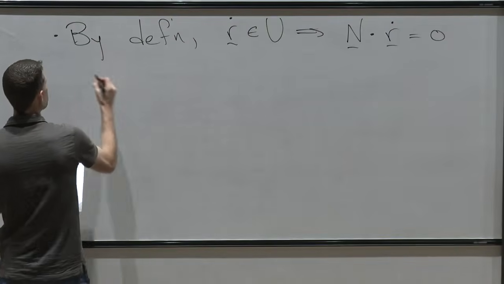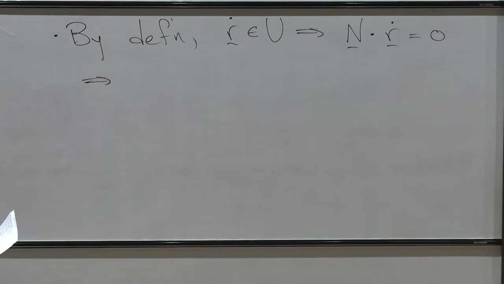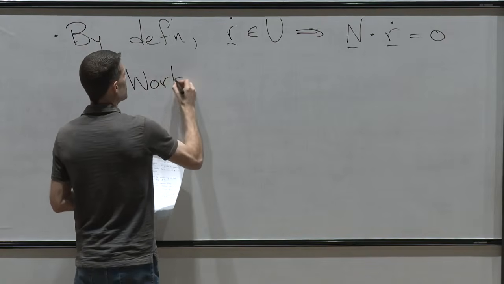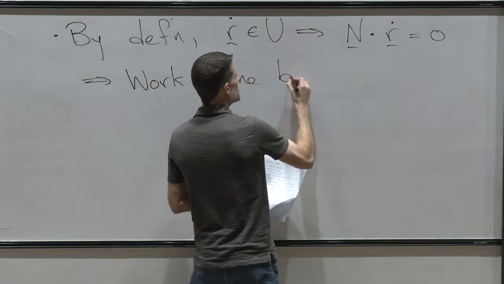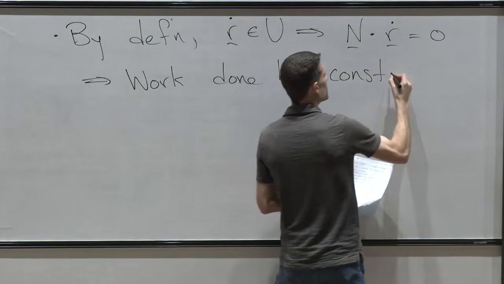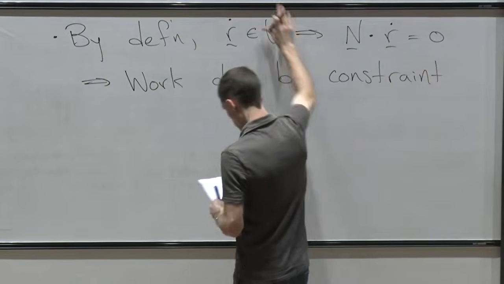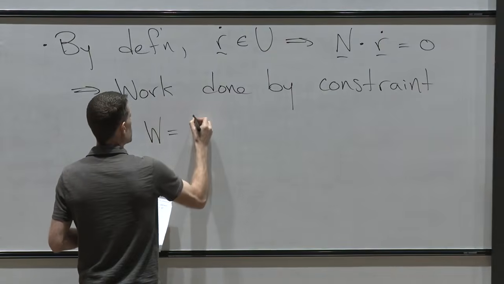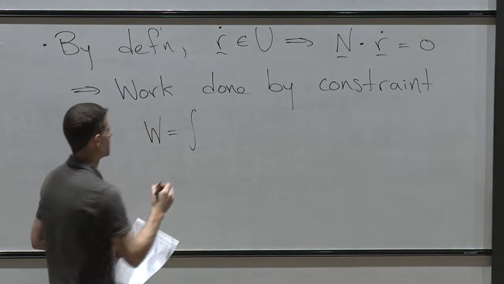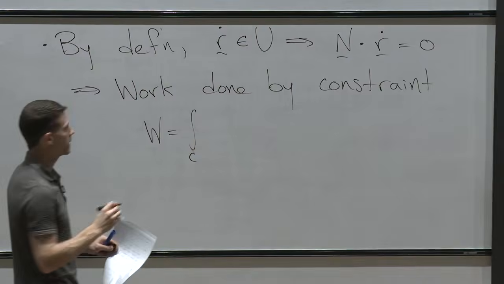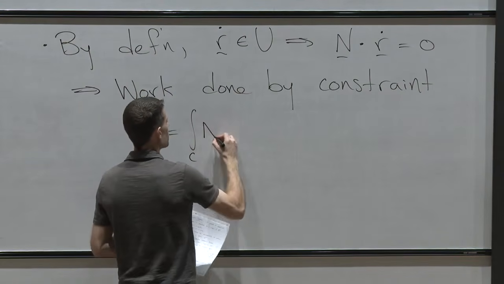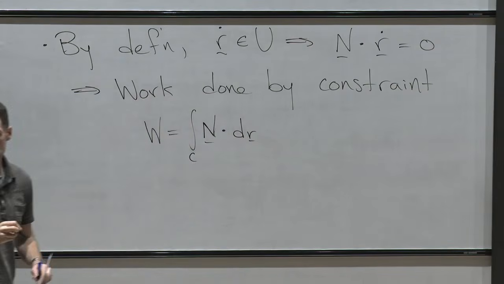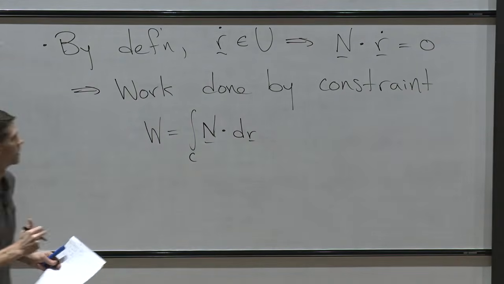And that means that the work done by that force is also 0. Because the work done by the constraint force, W, is the integral along whatever path the particle is taking of the force, N dot dr, but that's N dot r dot, which is 0.